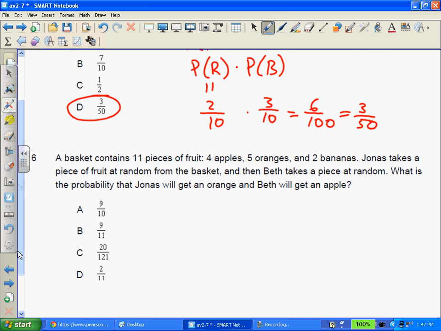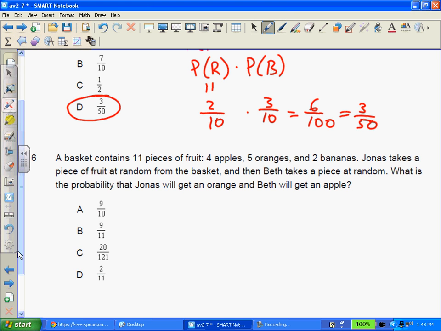Okay. A basket contains 11 pieces of fruit: 5 oranges, 4 apples, and 2 bananas. Jonas takes a piece of fruit at random from the basket, and then Beth takes a piece of fruit at random from the basket. What is the probability that Jonas will get an orange and Beth will get an apple?